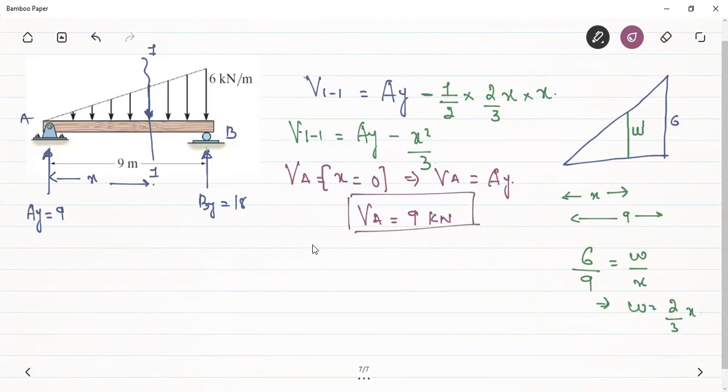Also, for the shear force at B, I have to take x equal to 9, that will be equal to 9 minus 9 square by 3. That will be equal to 9 minus 27. This will be equal to minus 18. That is, the shear force at B is equal to minus 18.